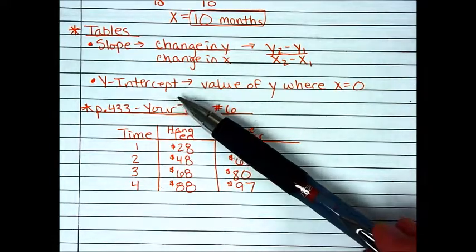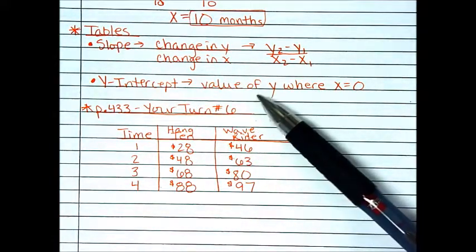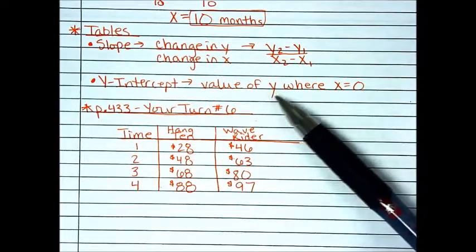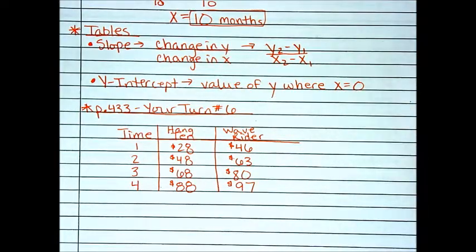And to find the y-intercept, you're going to look at the value of y where x equals 0. Like, where would 0 be in this table and what would be next to the 0? So we'll review how to do all of that, but you want to make sure you have notes down on how you're going to find the slope and y-intercept when you're looking at your table.